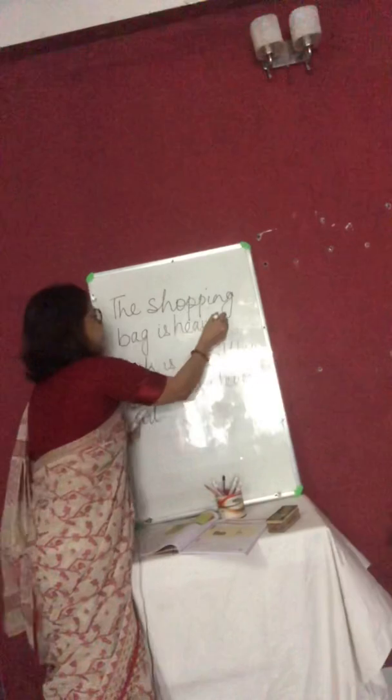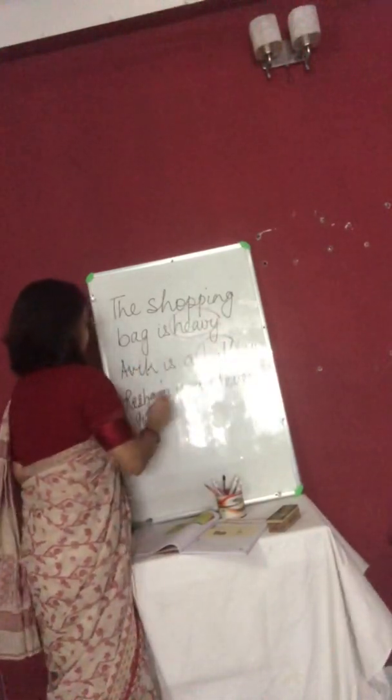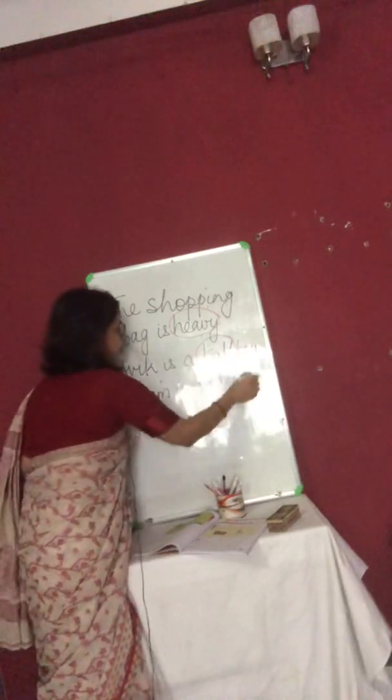Now, can you see these words? The shopping bag is heavy. Avik is a tall boy. Resham is a clever girl.